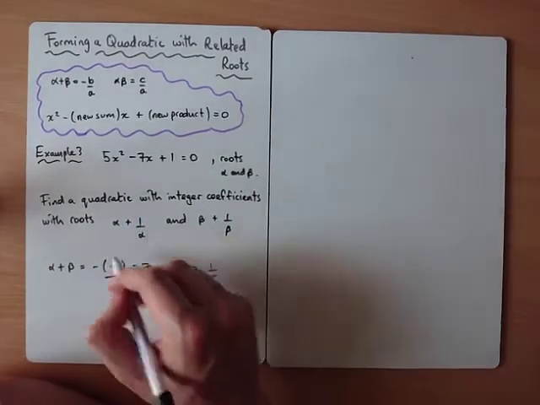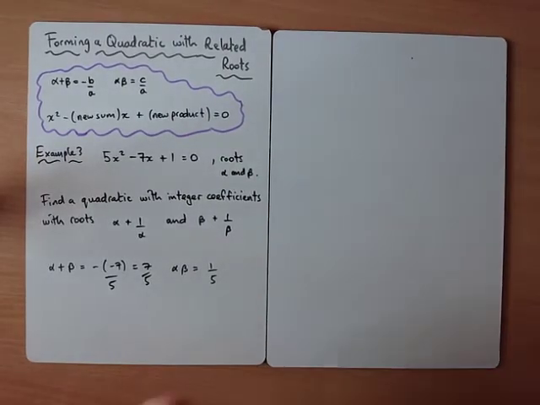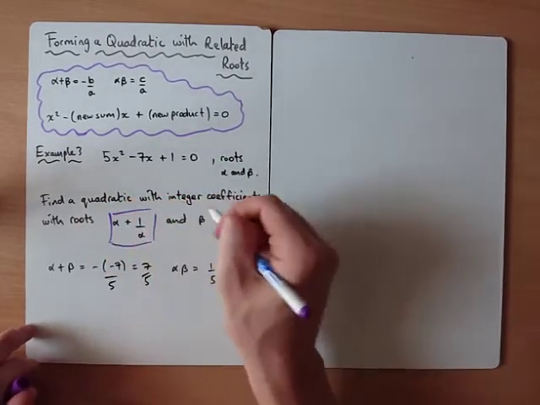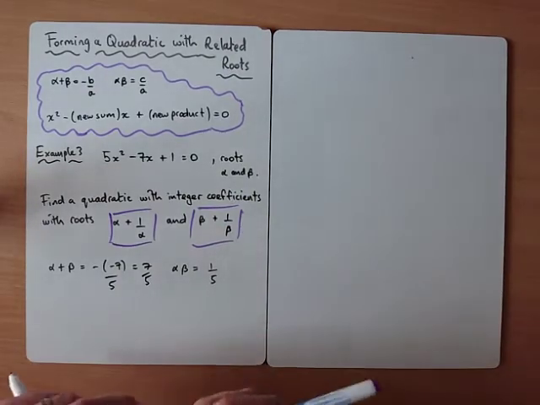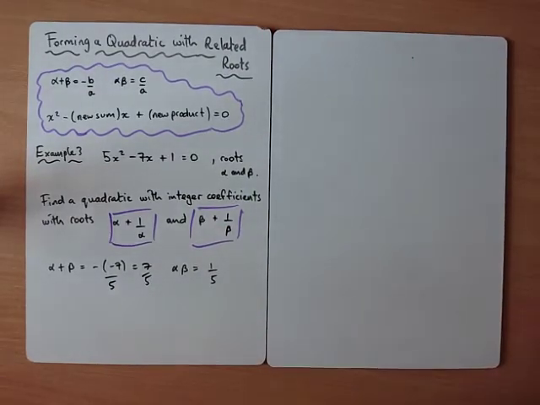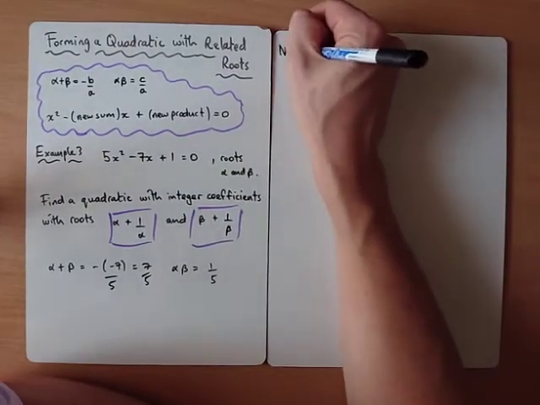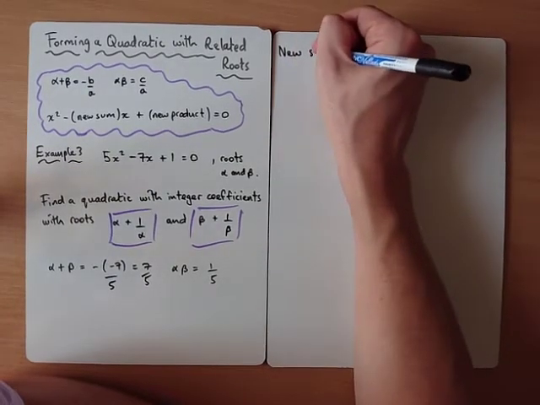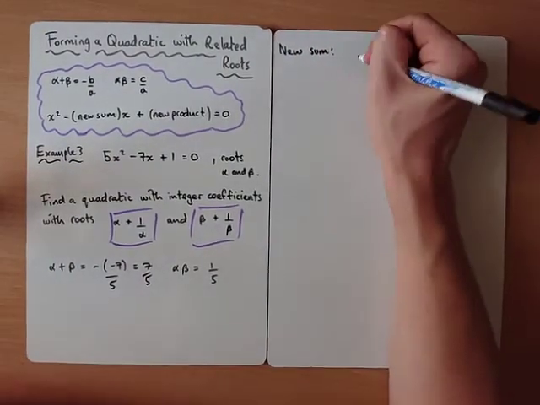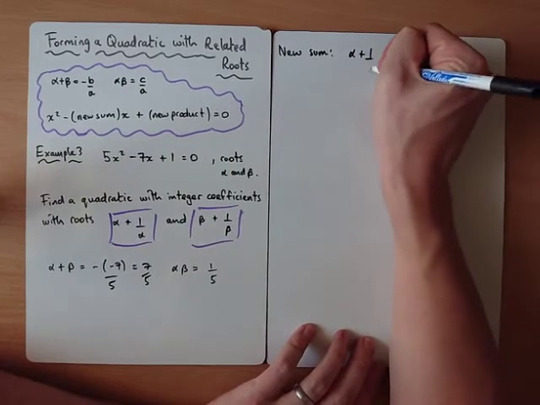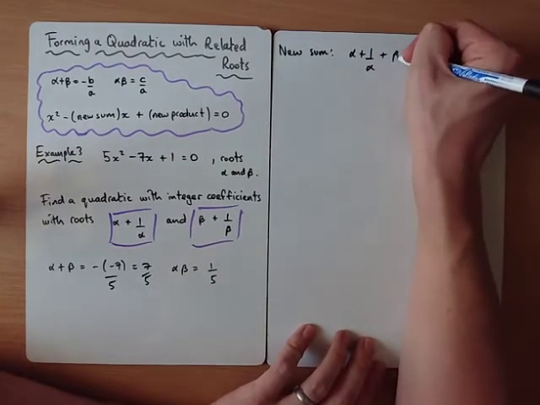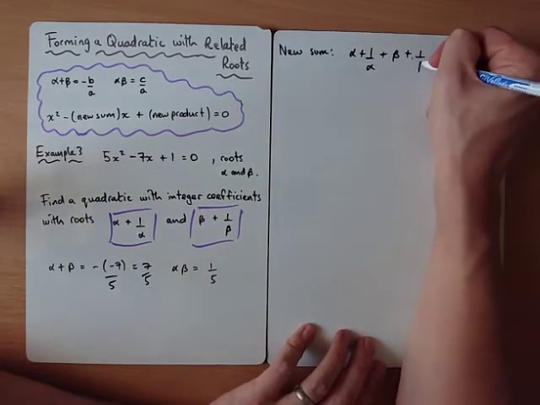Okay. Now the key to these questions is to think about the new roots that we've been given. And the new sum would be alpha plus 1 over alpha plus beta plus 1 over beta.